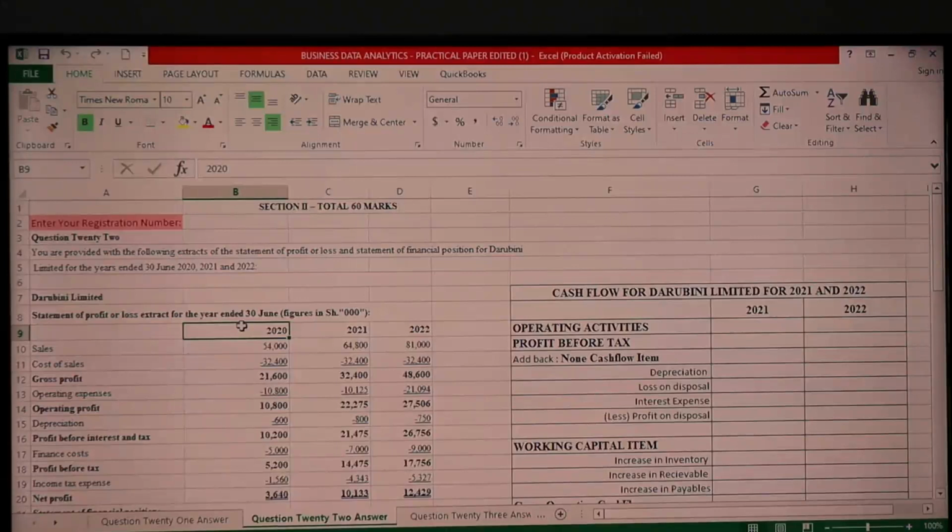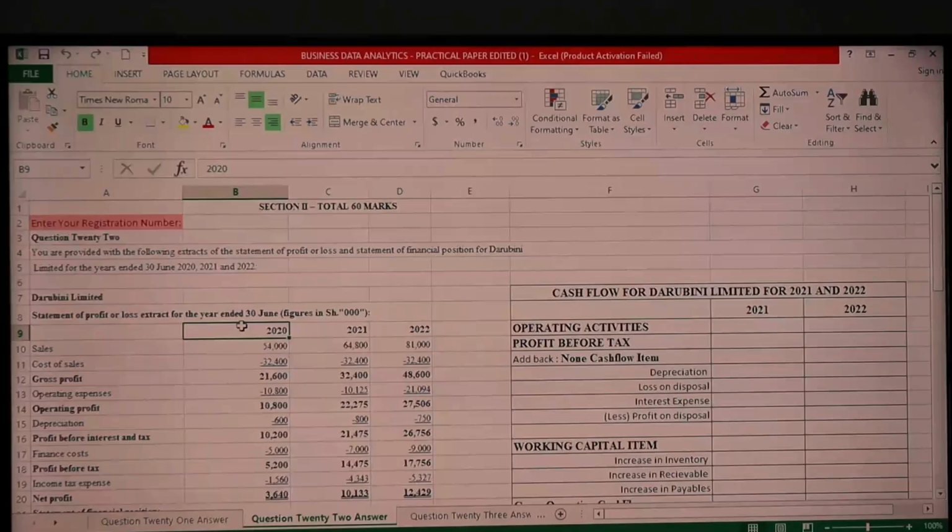I've sent another copy in the WhatsApp. So you just download from either of the two. Then once you get the data, please confirm that you get the data so that you can proceed.